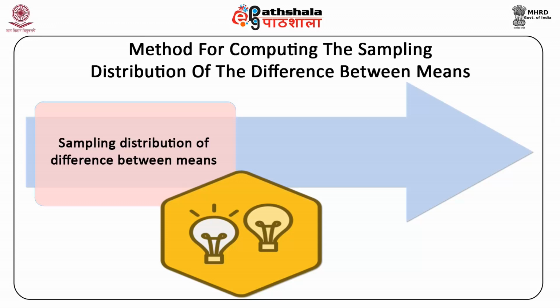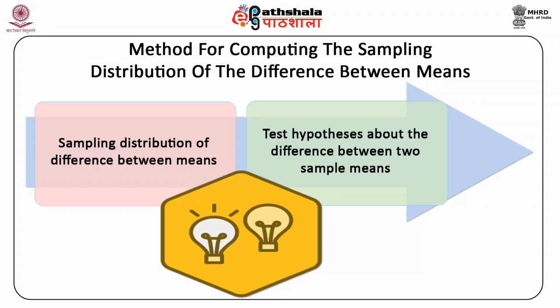As you must be familiar with the sampling distribution of the mean, we use another theoretical sampling distribution, the sampling distribution of the difference between means, to test hypotheses about the difference between two sample means.